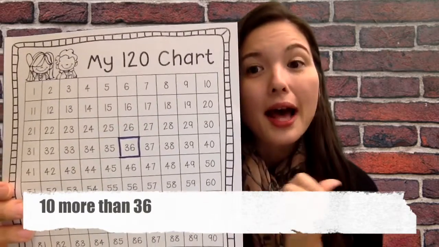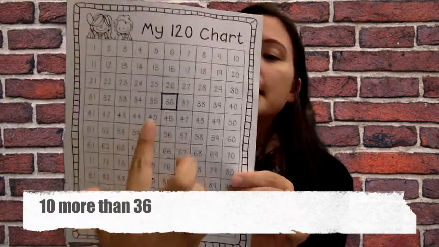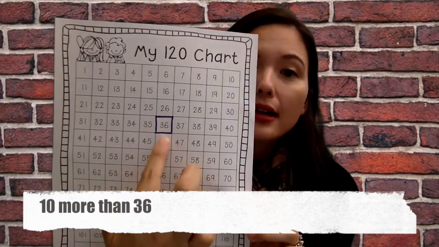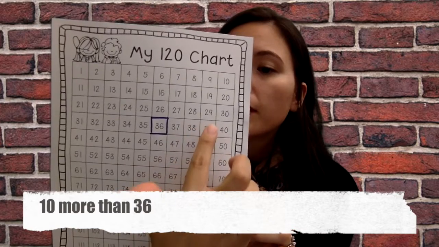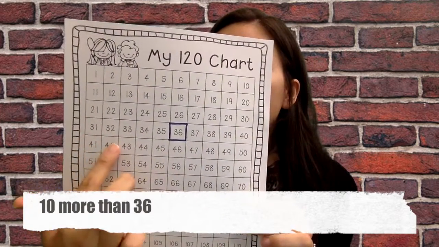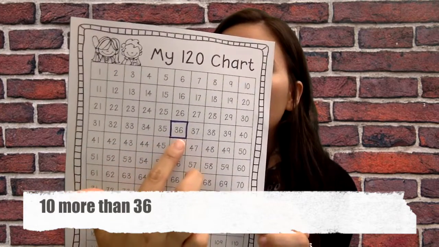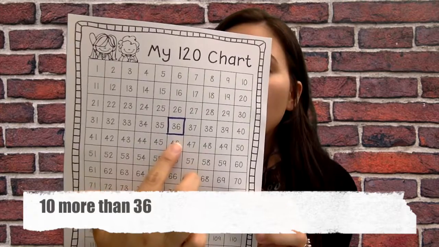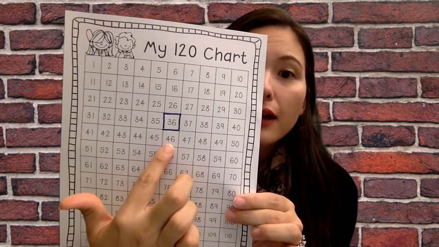So we're going to count up 10 numbers. So let's see here. We have 36, and we're going to count up 10 numbers. Here we go. 1, 2, 3, 4, 5, 6, 7, 8, 9, 10. So we counted up 10 numbers, and we're at the number 46. So we're going to draw a square around the number 46.